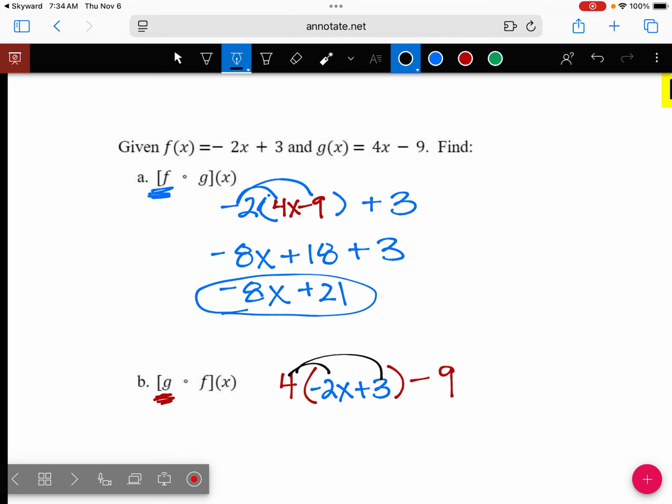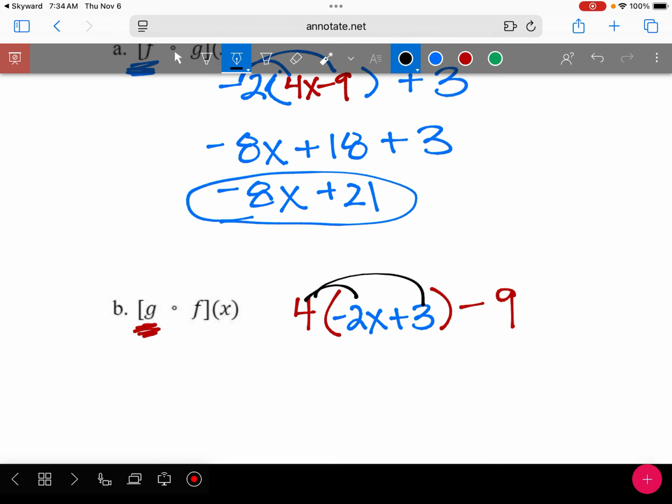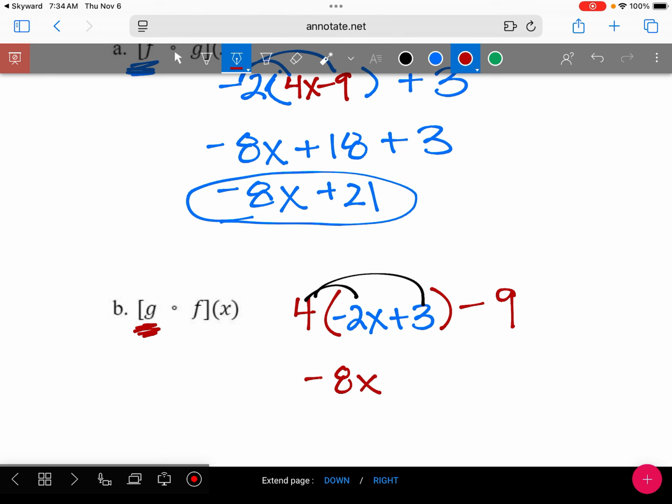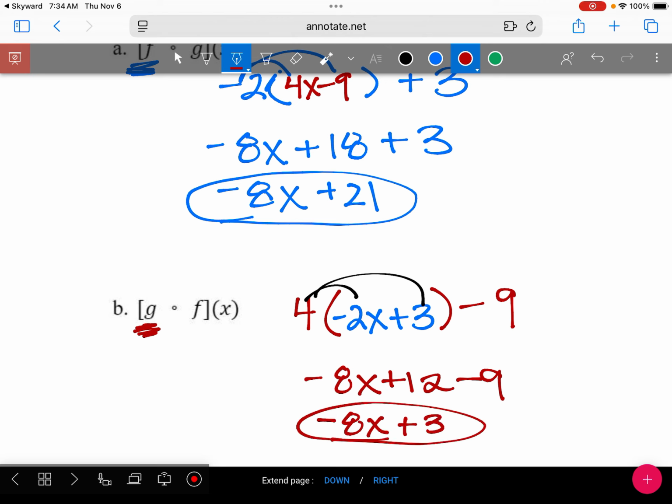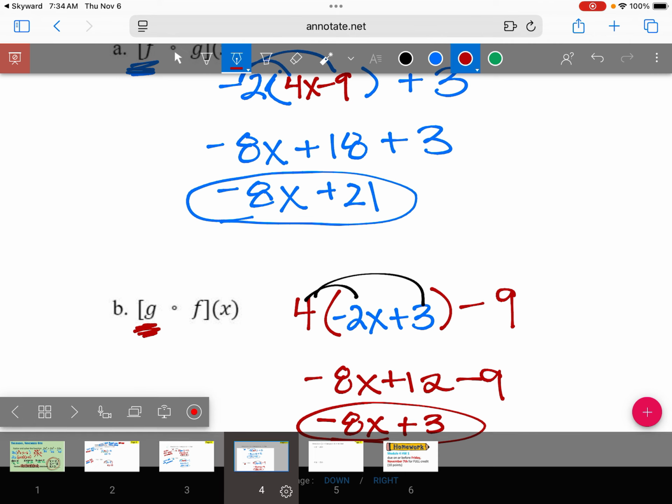Go ahead, distribute, and combine your like terms. So that would be negative 8x plus 12 minus 9, which would be negative 8x plus 3. All right, one more.